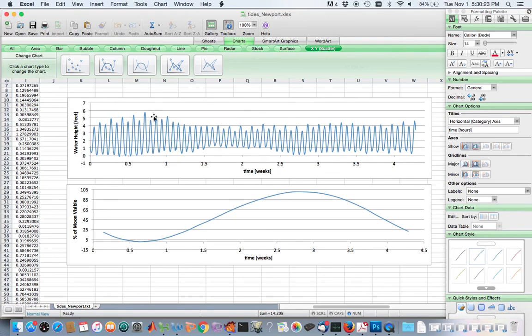Unlike the spring tides over here, where the lunar and solar tides are constructively interfering, adding to one another, in neap tides, the lunar and solar tides are destructively interfering, taking away from one another. Then over here you have constructive interference again with the full moon, creating spring tides. And the neap tide over here, it's hard to see, it's not really visible. This is a very clear neap tide right here, and a very clear spring tide right here.